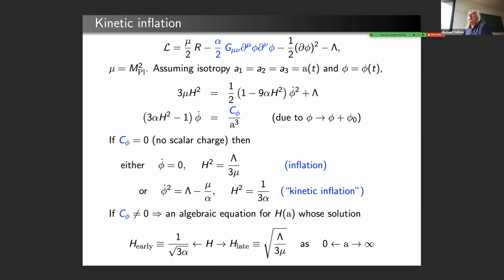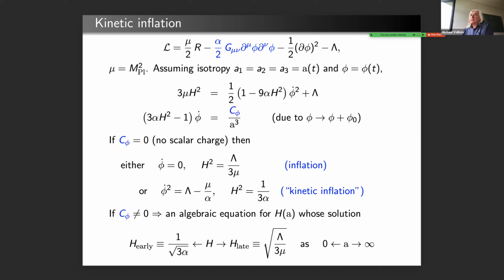Now, assuming that everything is isotropic, so the three scale factors are the same, the Hubble law assumes this value, and the scalar field equation also has a total derivative structure. It can be integrated once, and the integration gives a constant which can be called scalar charge.